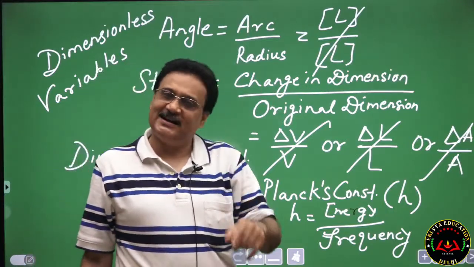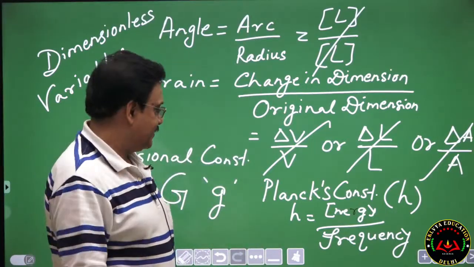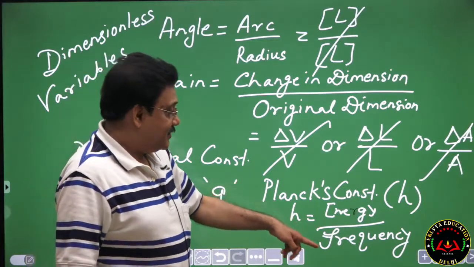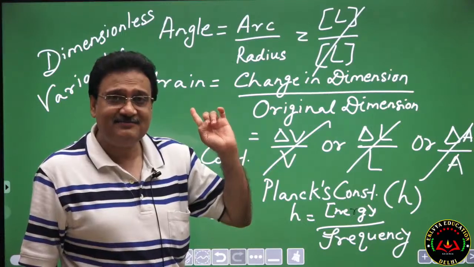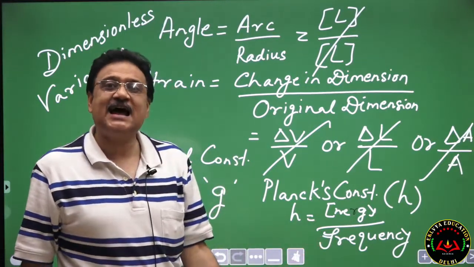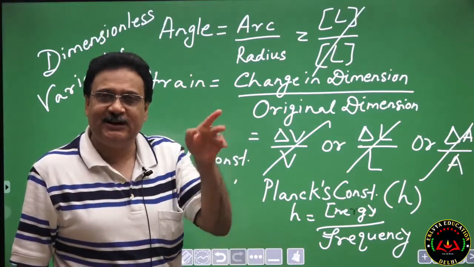Good, Planck's constant h, perfect. So energy upon frequency. Now what is energy? अभी पीछे किया था हमने, work done ML²T⁻², और frequency is 1 upon time, तो T to the power minus 1.